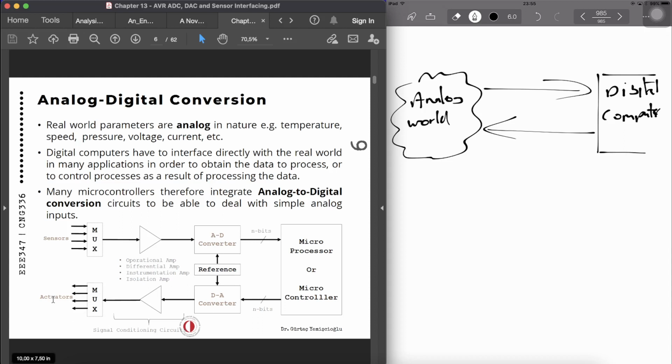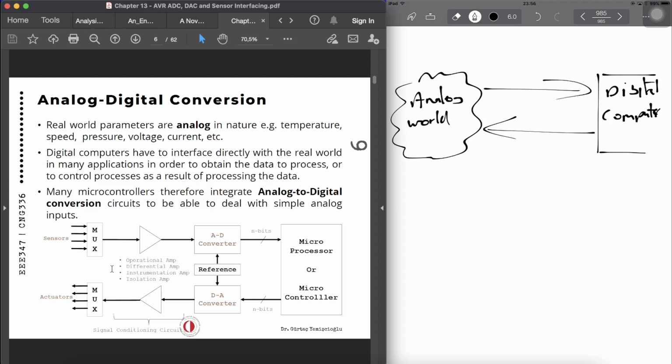and the same applies over here as well when you want to use actuators to convert any of these electrical signals into some mechanical, for example. Okay, so these triangles, as you can see, they are the signal conditioning circuits. So why do we need these signal conditioning circuits, which are operational amplifiers or differential amplifiers or isolation amplifiers? Now, most of the time, the sensor values that we are reading are small values.